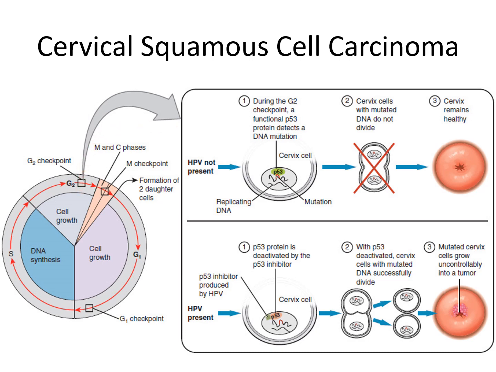If HPV is not present, so this would be the normal situation, as we enter our cycle, the p53 protein, right up here, will find that mutation that has been caused by the retrovirus. I'm sorry, which would have been caused if there's a mutation. And it won't allow those cells to divide, so that occurs at that G2 checkpoint, and you get a healthy cervix at that point.